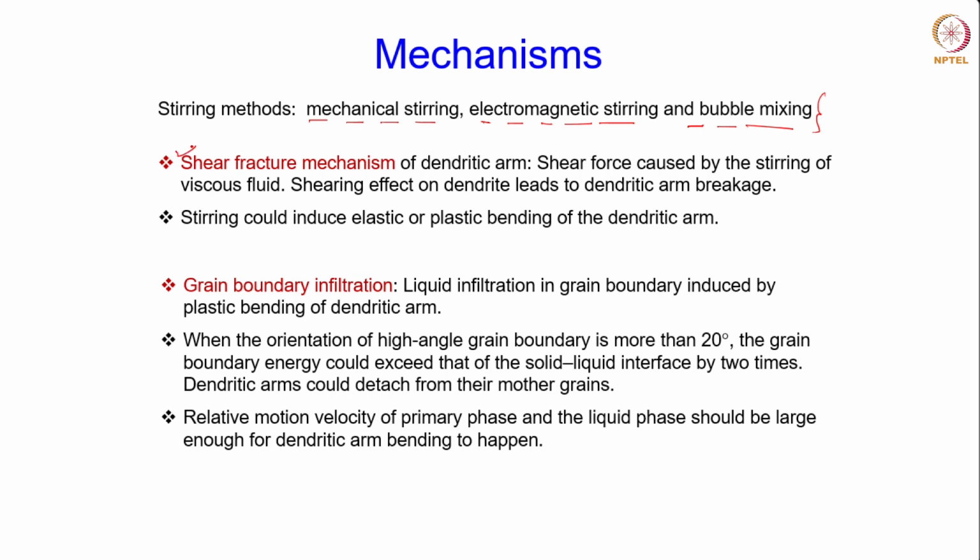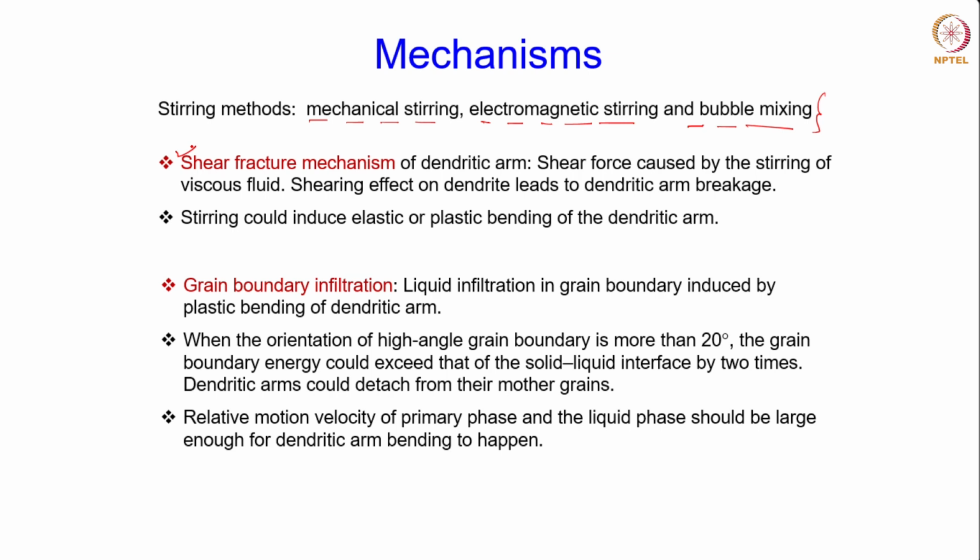The first one says that it occurs through a shear fracture mechanism of the dendritic arms, right? So we know dendrites are a general kind of structure that you obtain in casting. So dendritic structures are very common in castings, in metals, including aluminium.